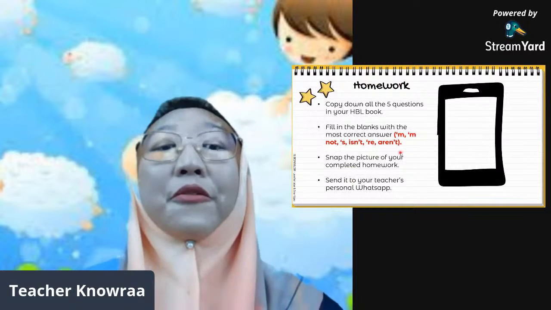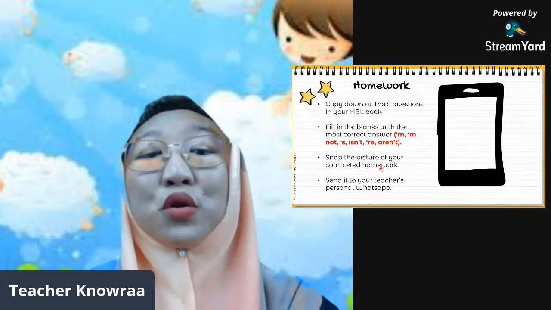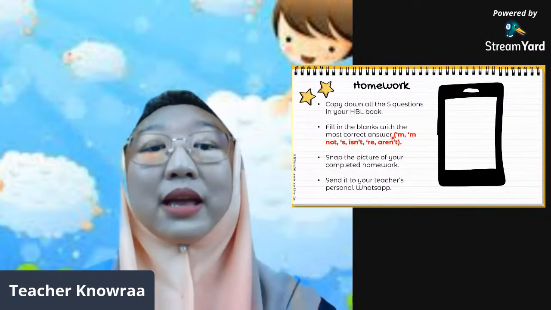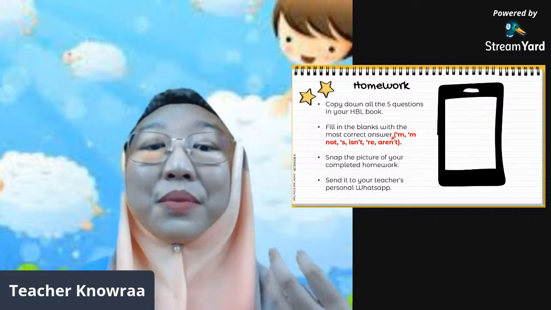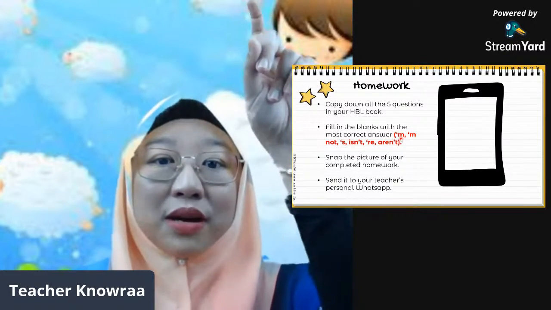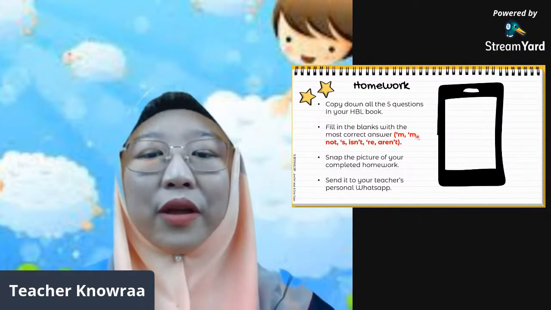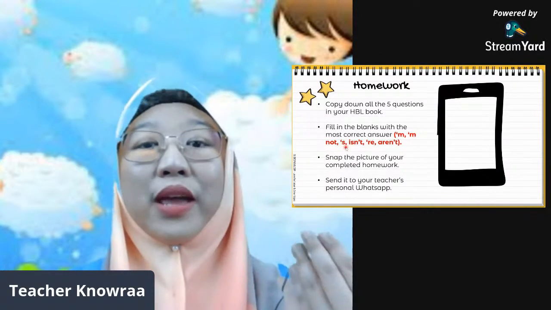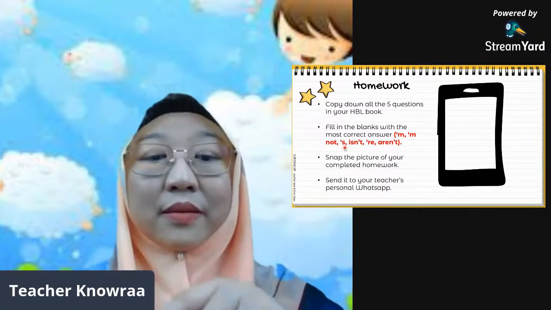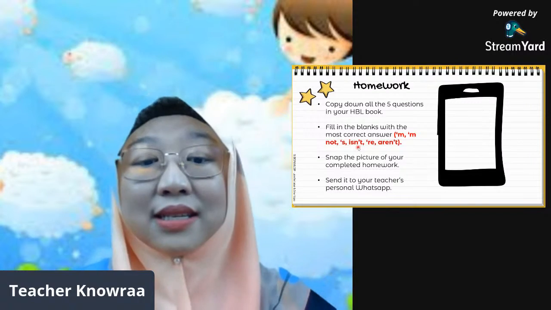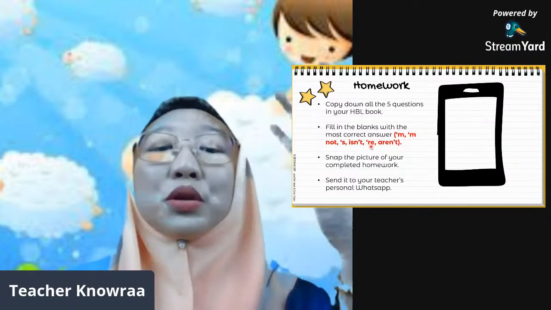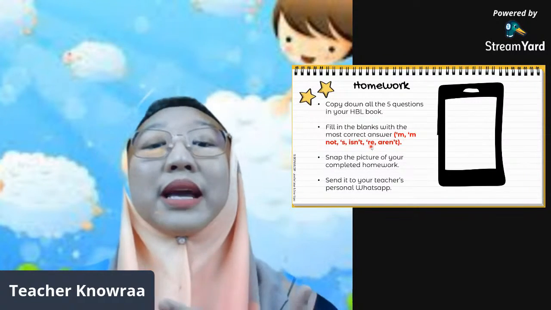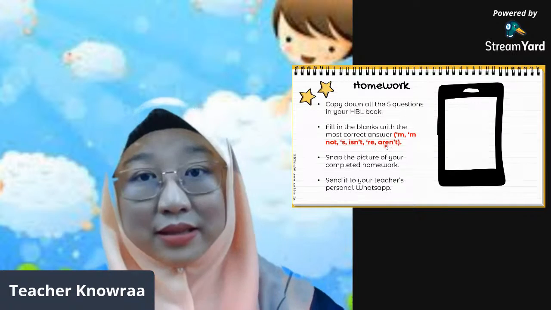And then, fill in the blank with the most correct answer. Okay, yang paling betul. It might be apostrophe M, mungkin comma atas M, or apostrophe M not. It could be apostrophe S. It might be isn't. It might be apostrophe RE, or the answer might be aren't.